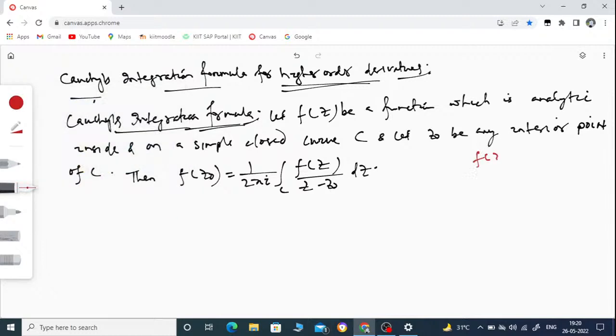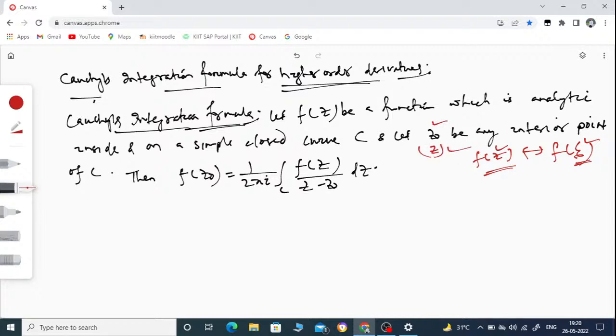In place of f of z, let f be a function of j. And z naught is an interior point of C. Now I will replace this one by z.